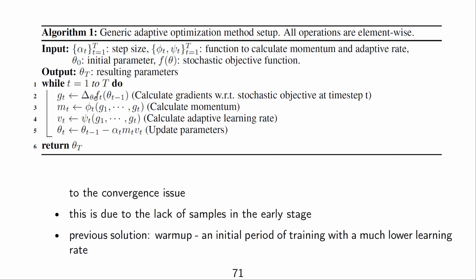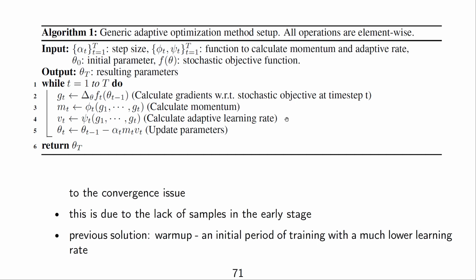This is the gradient estimate, and then we have the computation of the first and the second moment. There is one computation that computes momentum. This is the gradient, and then we calculate the adaptive learning rate. This would be the computation of the exponentially moving average of the gradient component squared in ADAM.